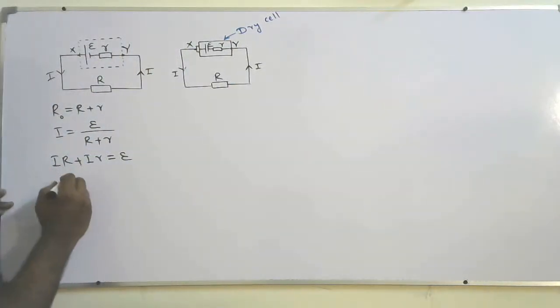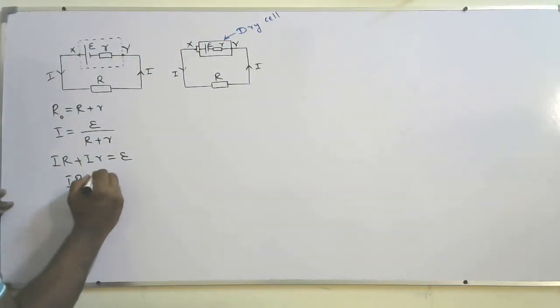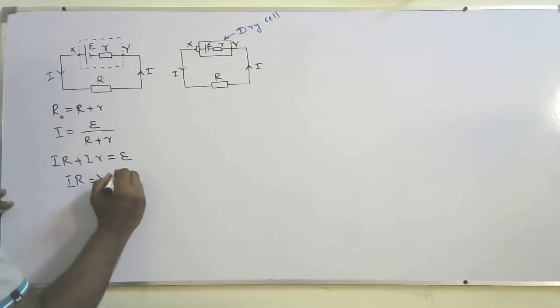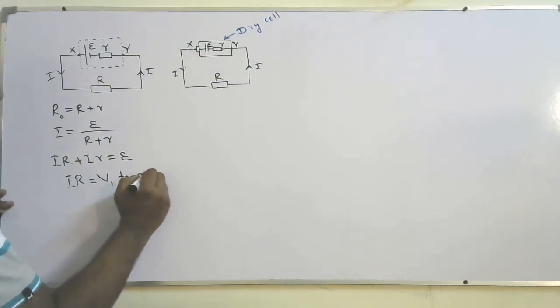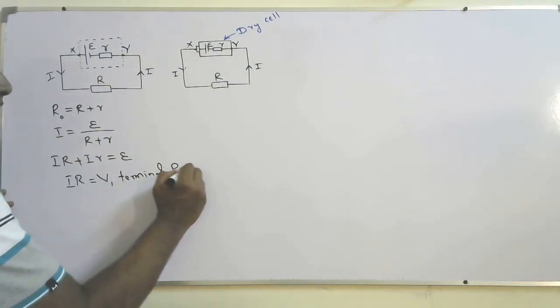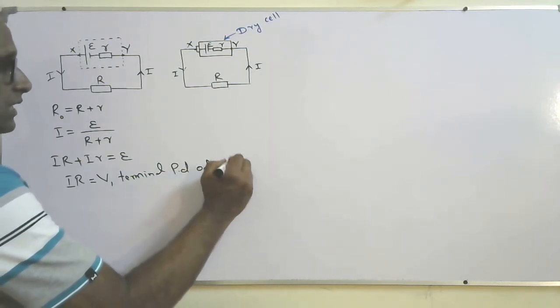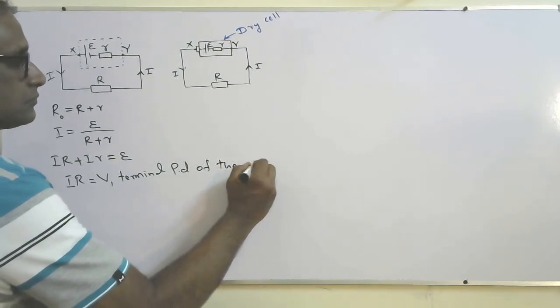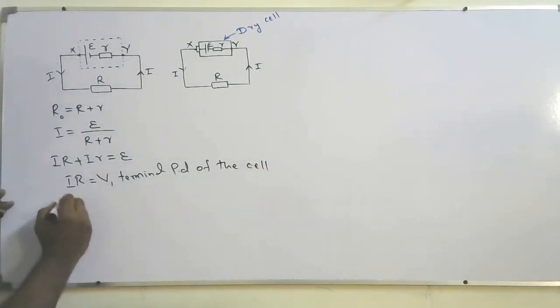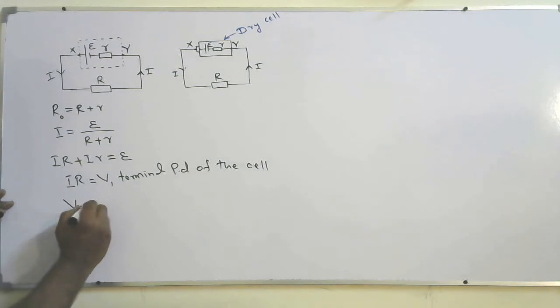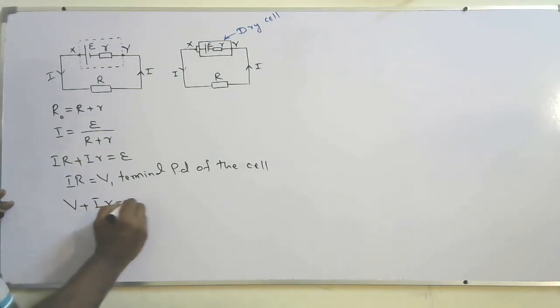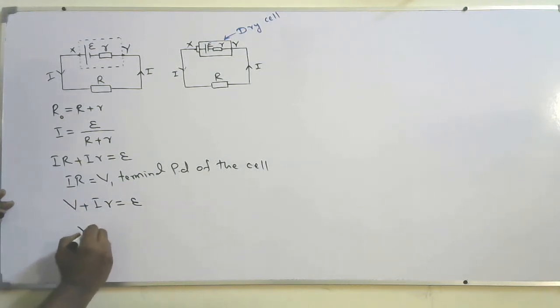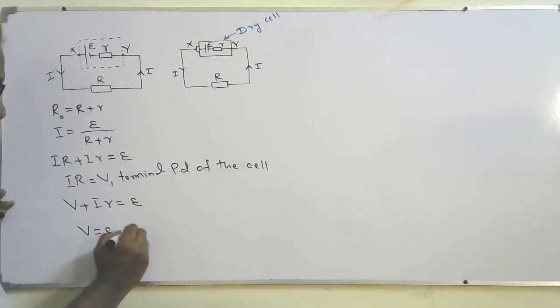So IR I can denote by V, and that is the terminal potential difference of the cell or of the DC power supply. So if I consider this equation, V plus Ir equals EMF. So V is equal to EMF minus Ir.